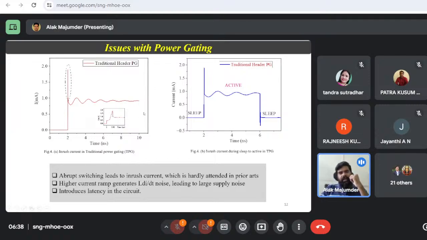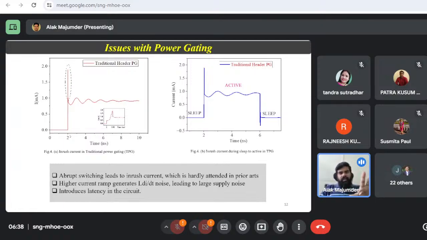In the left-hand side architecture, I have shown the current profile for a logic circuit when I'm turning my internal circuit from off to on. If you see the time frame at an instant of 2 nanoseconds, this is the instant where I have turned my device on, right?